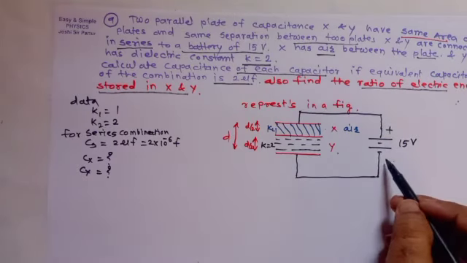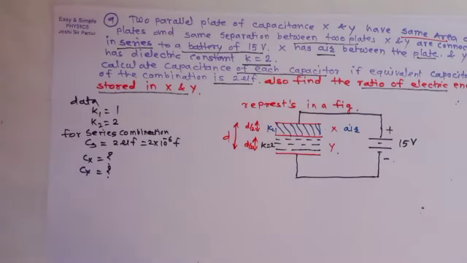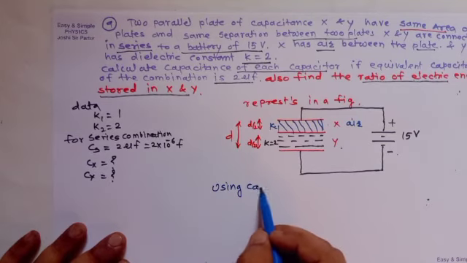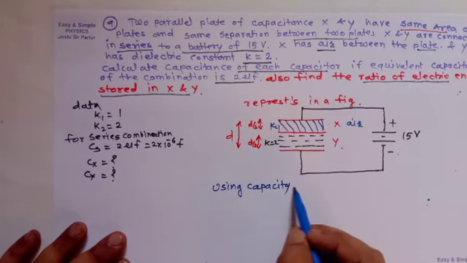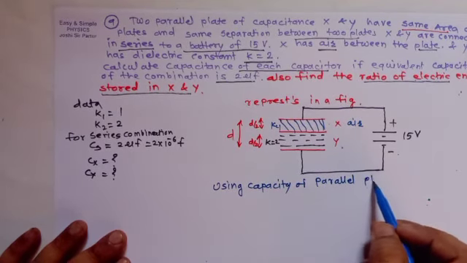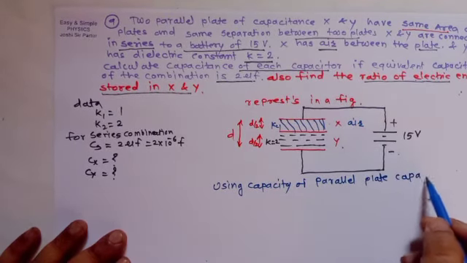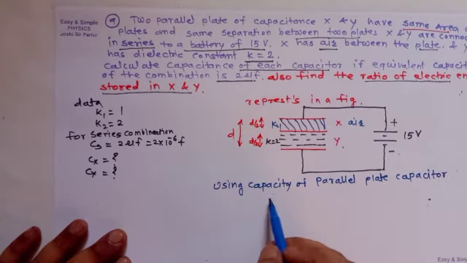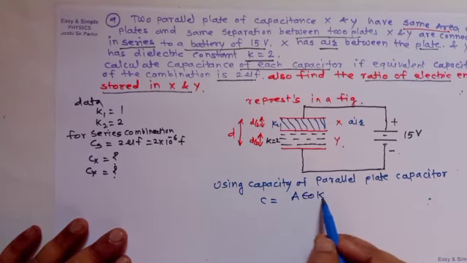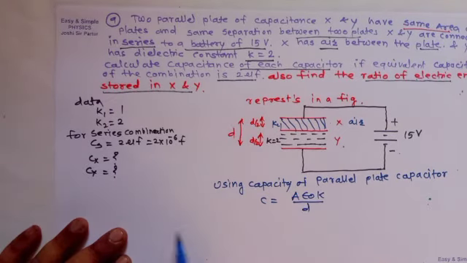plus minus. So here we can use the capacitance of a parallel plate capacitor, C equal to A epsilon 0 K upon small d.